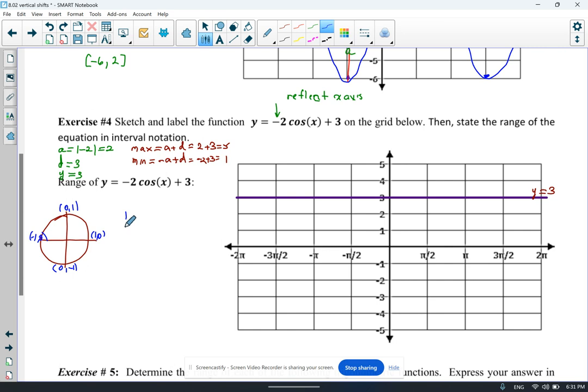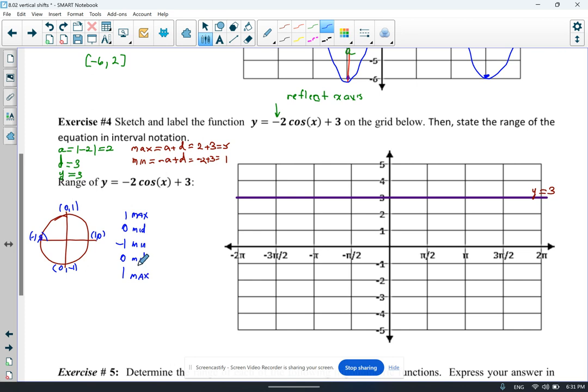Then you would graph pi over 2, 0. Pi, -1. Then it would be 3 pi over 2, 0. And back to 2 pi, 1. So normally, if there wasn't a negative in front, the function would be max, mid, min, mid, max.